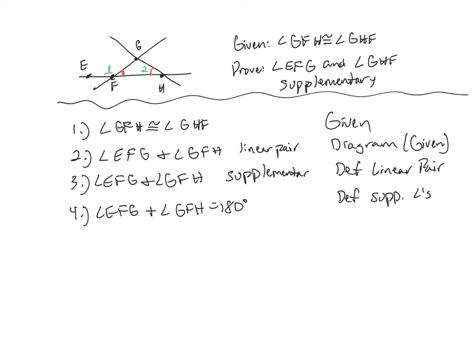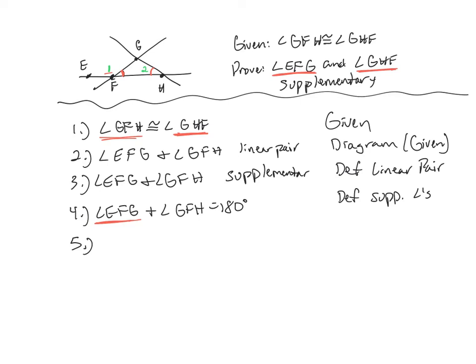Okay, so why did I do all that? Well, it goes back to statement number 1. GFH and GHF are congruent, or they're equal. So in the end, if we go over to the prove part, I want to say that EFG, which is right here, and GHF are supplementary.